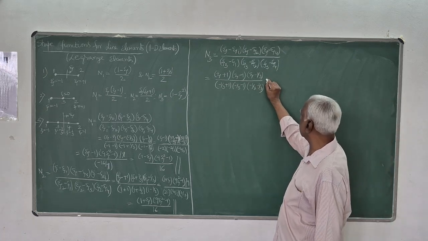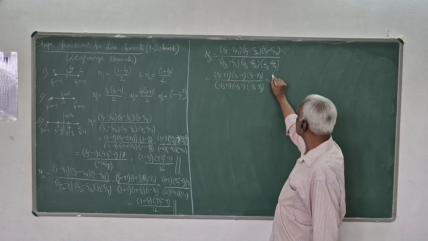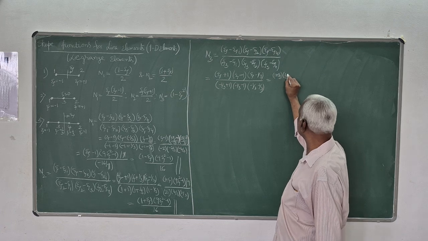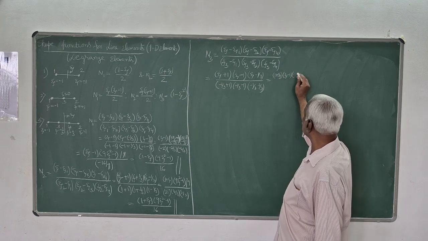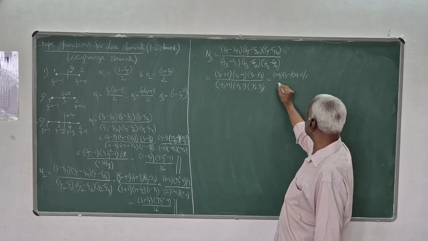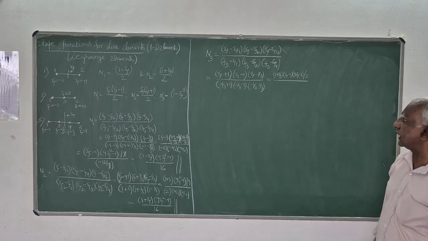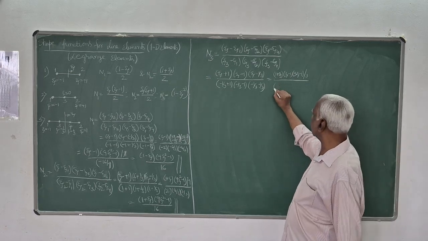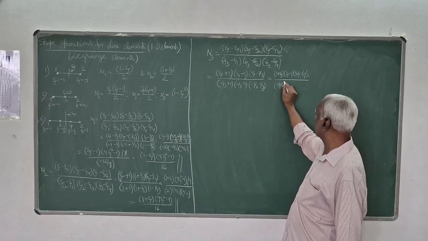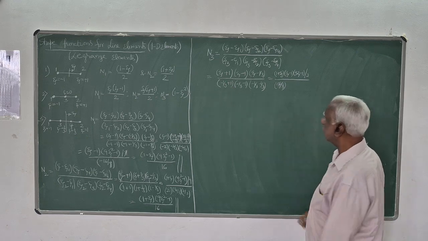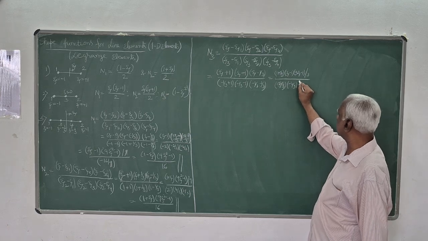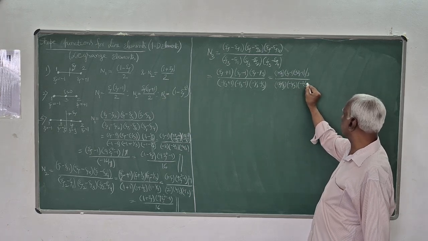If you simplify, you will get (1 plus psi) into (psi minus 1) into (3 psi minus 1) divided by 3, whole thing divided by minus 2 by 3 plus 2 by 3, this is 3 minus 1, 2 by 3 into minus 4 by 3 into minus 2 by 3.